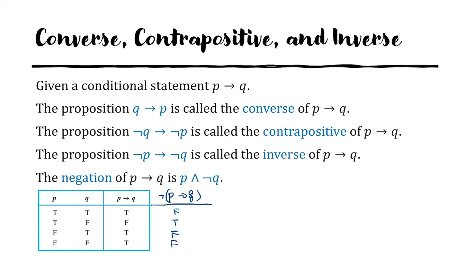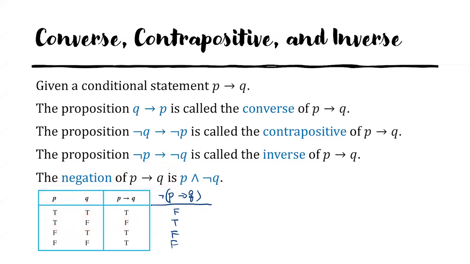Now we know the only time we can make P implies Q false is to have P to be true and Q to be false. Right, since we want to have P to be true and Q to be false to negate it.